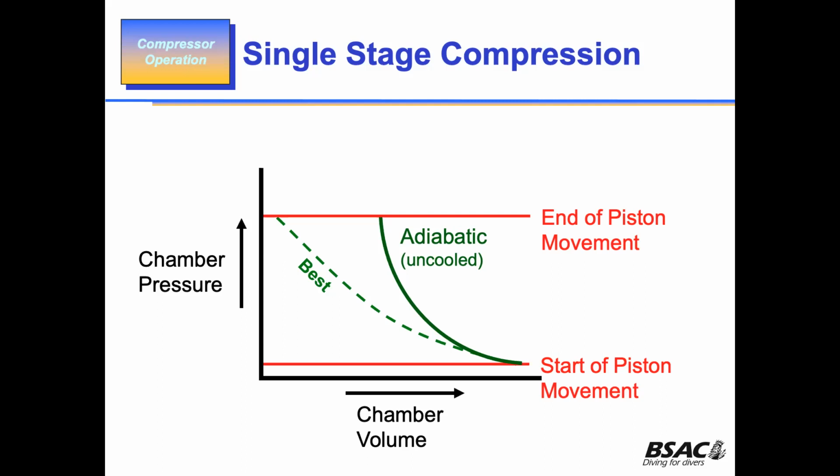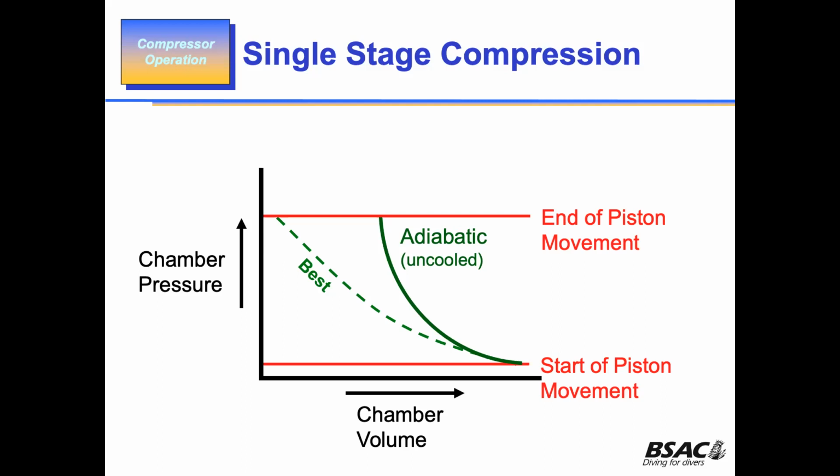So what you've got at the start compared to what you've got at the bottom is going to be different. The temperature isn't going to be constant, and so those other gas laws will play into that adiabatic cycle. And you can see the difference between the ideal and the adiabatic.